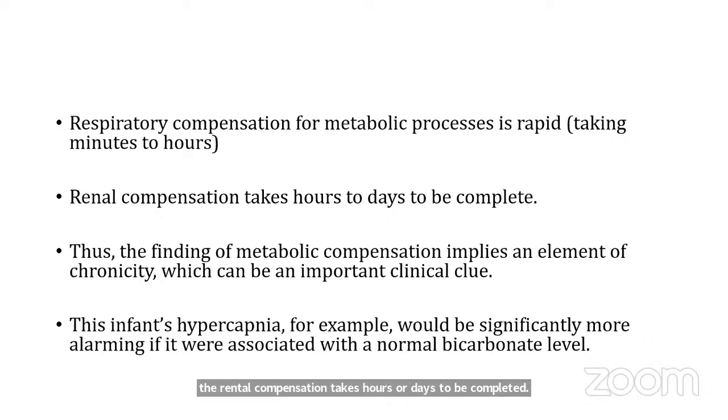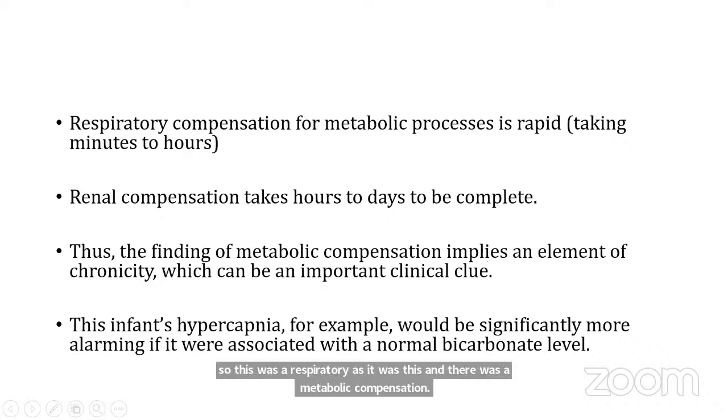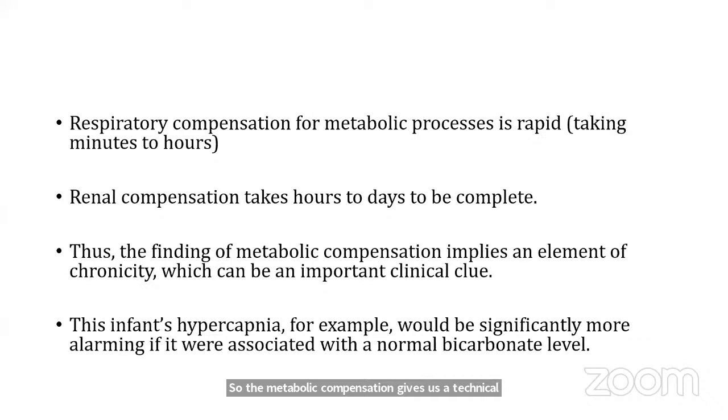And here, what we find is a metabolic compensation. The pH was 7.32 with a carbon dioxide which was higher. So this was a respiratory acidosis and there was a metabolic compensation. So the metabolic compensation gives us a clinical clue that there was an element of chronicity. Of course, we know that bronchopulmonary dysplasia, prematurity, chronic lung disease, all these are chronic processes.